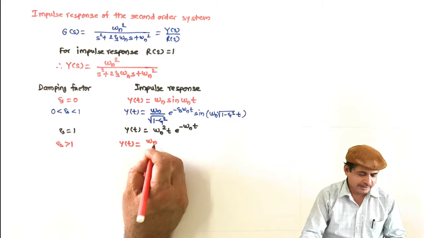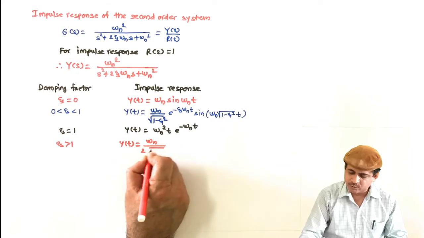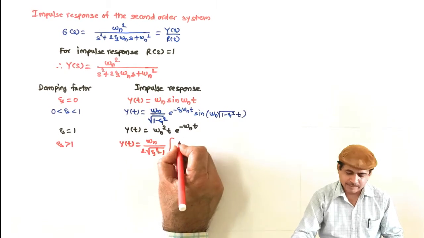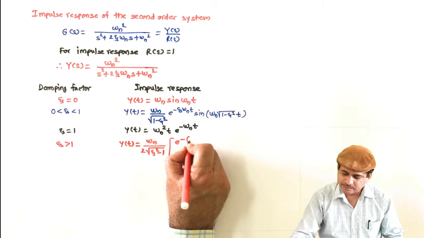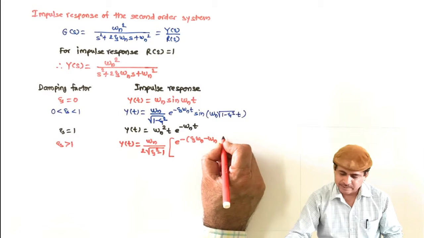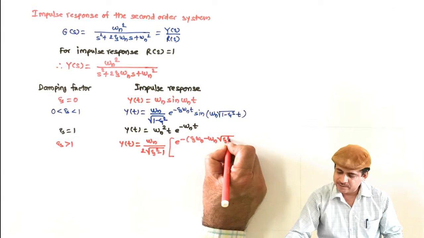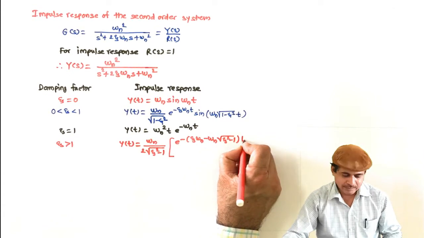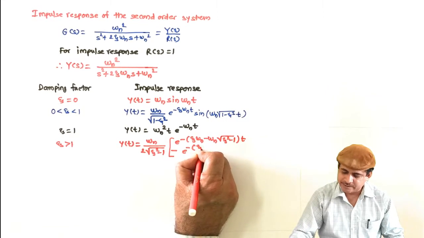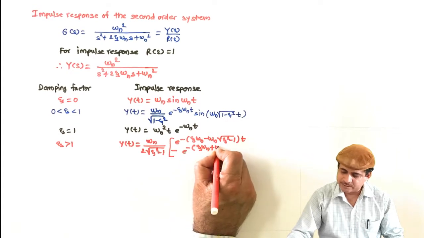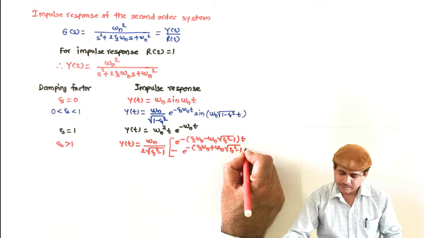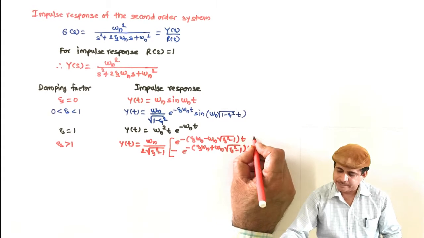It is omega n upon 2 under root zeta square minus 1, into bracket e raised to minus zeta omega n minus omega n under root zeta square minus 1, t, minus e raised to minus zeta omega n plus omega n under root zeta square minus 1, t.